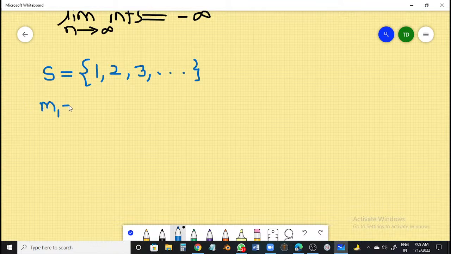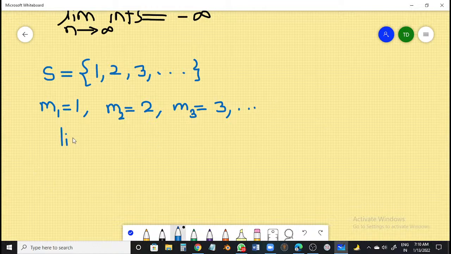Small m1 is the greatest lower bound, it is 1. If I start with the second term, what is it? 2. If I start with the third term, the GLB is 3 and so on. You see, it is an increasing sequence, but it is not bounded above.